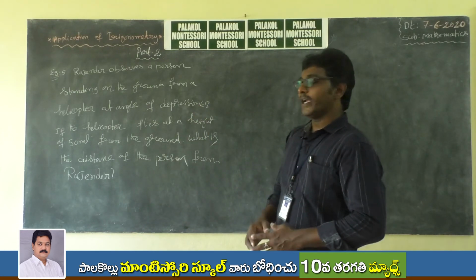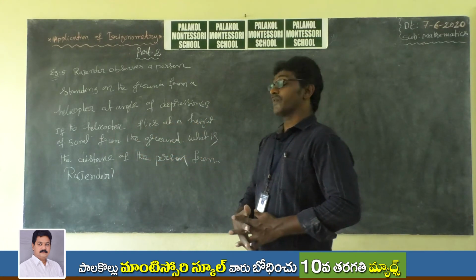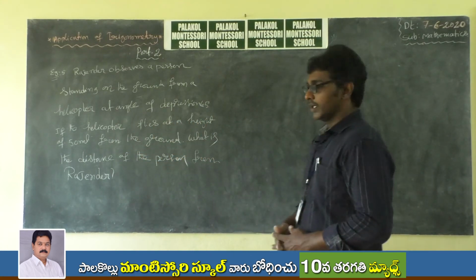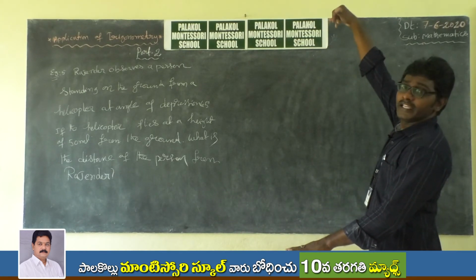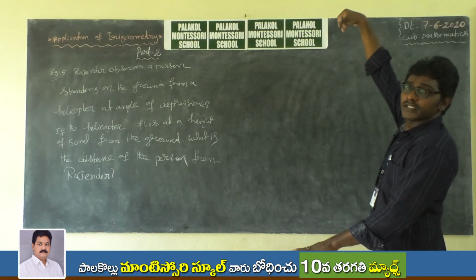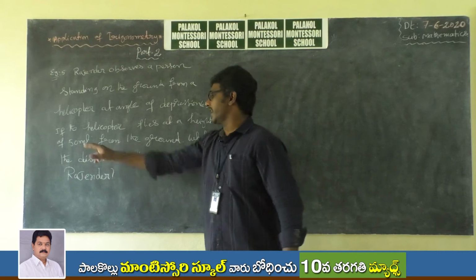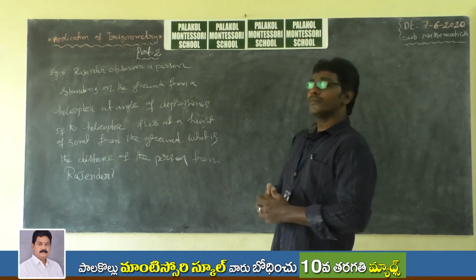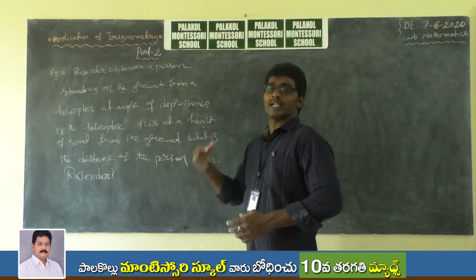And one more point, the helicopter flies at a height of 50 meters from the ground. So suppose this is the ground, the helicopter flies here. So this height is given, 50 meters. What do you find? The distance of the person from Rajendra.